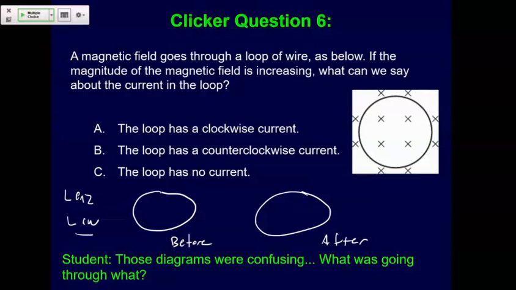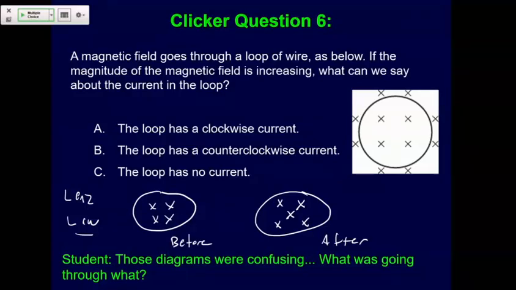If the magnetic field going into the page is increasing, then if you look at your picture, say right now we have 4 magnetic field lines going in. If it's increasing, then at some later point there's more. So maybe now there's 5 magnetic field lines going in.